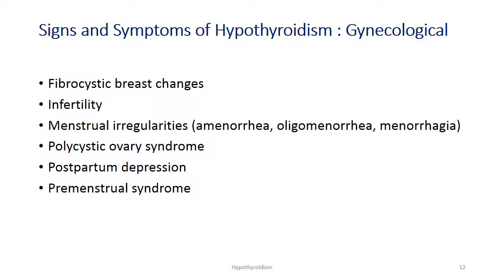There are specific signs and symptoms that refer to gynecological set of symptoms seen in women. They can range from fibrocystic breast changes, infertility, menstrual irregularities, polycystic ovary syndrome, postpartum depression, and PMS type syndromes.